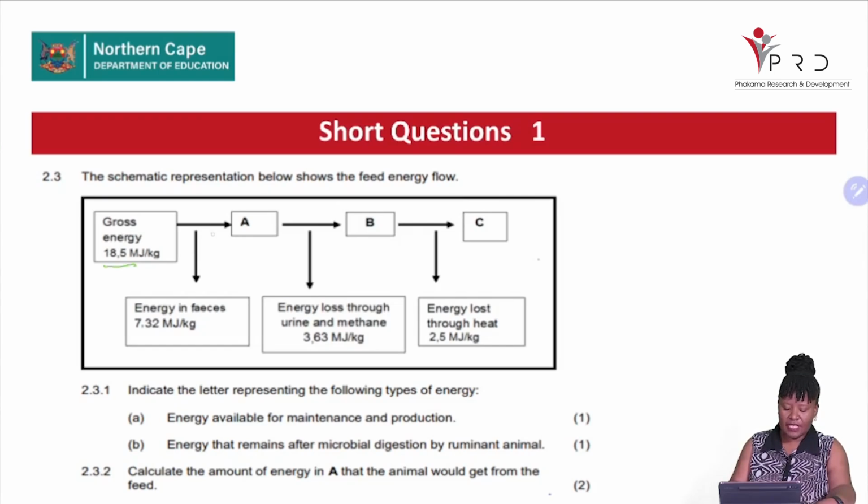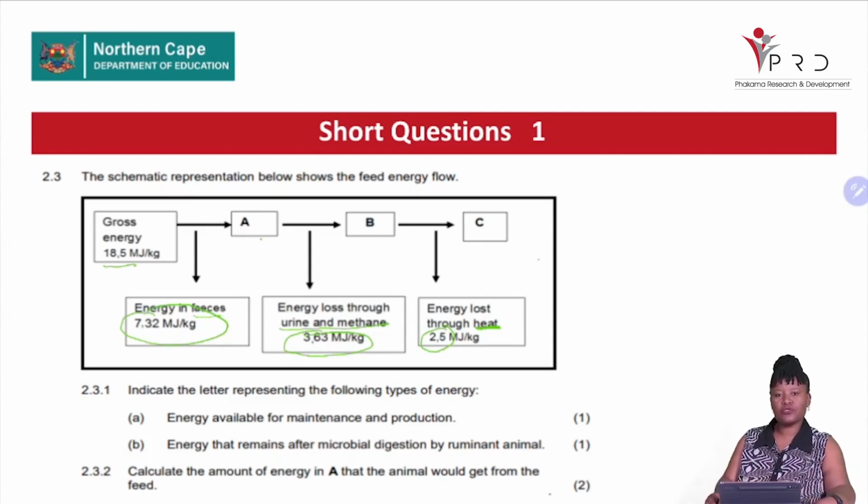And this gross energy loses energy in feces in this amount, which is 7.32. And it forms this type of energy that is not mentioned. And it loses energy through urine and methane in this amount. And it forms B that is not mentioned. B loses energy in the form of heat in this amount, and it forms C, which is also not mentioned.